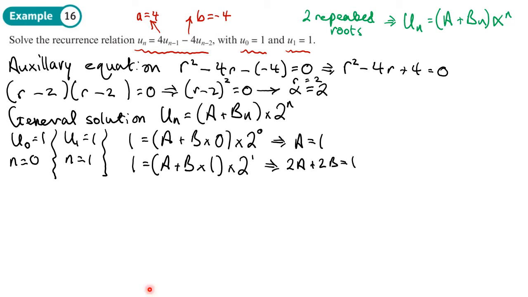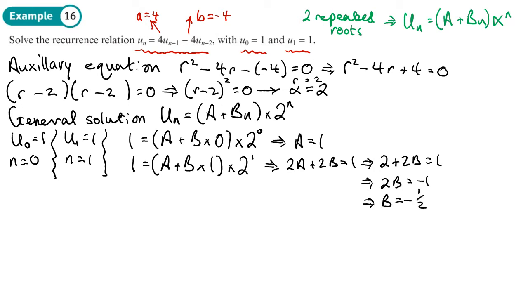Now we've already worked out that a is 1, so this equation becomes 2 plus 2b equals 1, which means that 2b equals 1 minus 2, which is -1. So b equals -1/2.